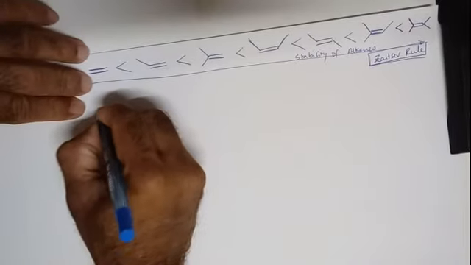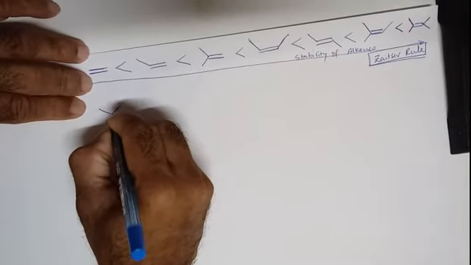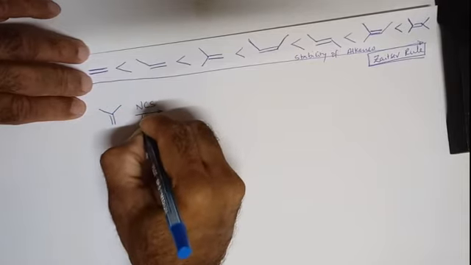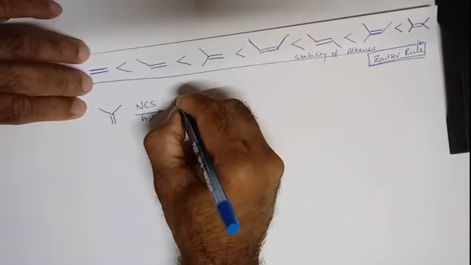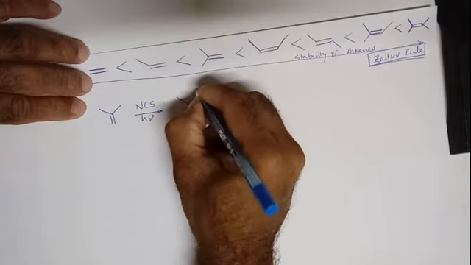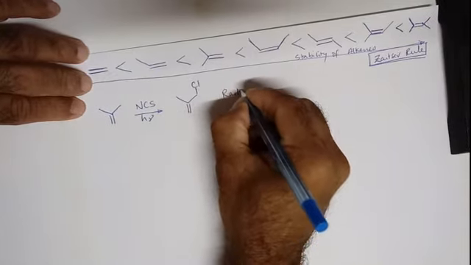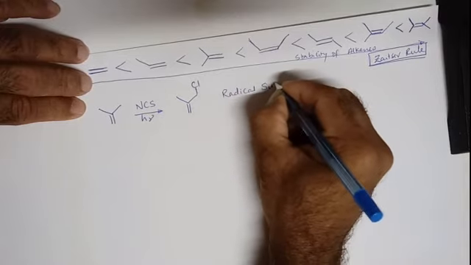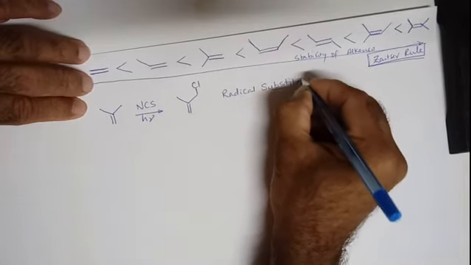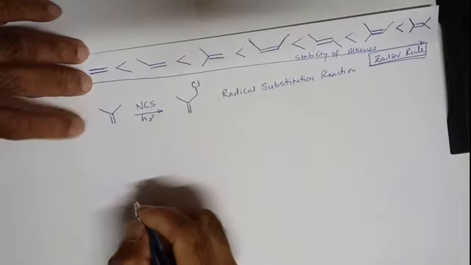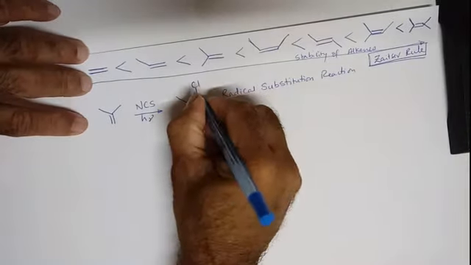So let me go back and restate this. If you take this, react with NCS, H nu, the product, that is a radical substitution reaction. What is substituted? There used to be a hydrogen here.